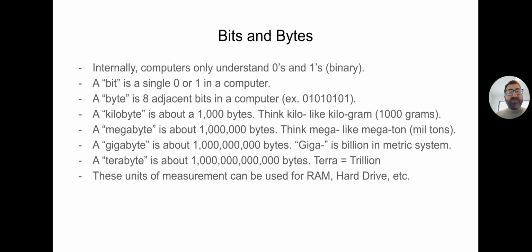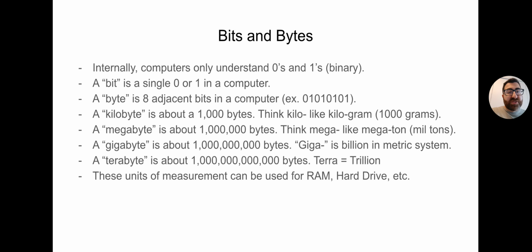These units of measurement can be used for things like RAM, hard drive storage, etc. So when you go to Office Max or something and you buy a computer, they might say, this computer has 4 gigabytes of RAM. That means it stores 4 billion bytes in its random access memory, in its RAM.